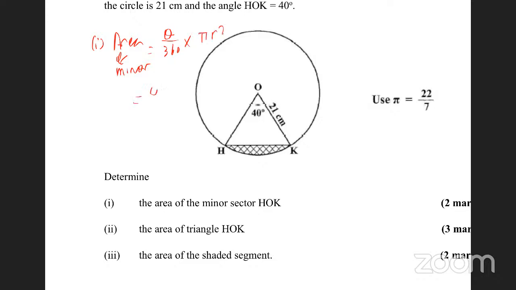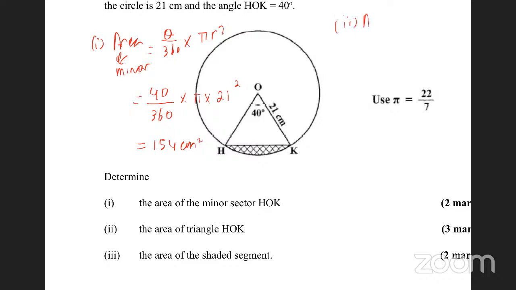Theta is 40, so it's 40 on 360 multiplied by pi multiplied by radius 21 squared. How much is that? 154 centimeters squared, right?